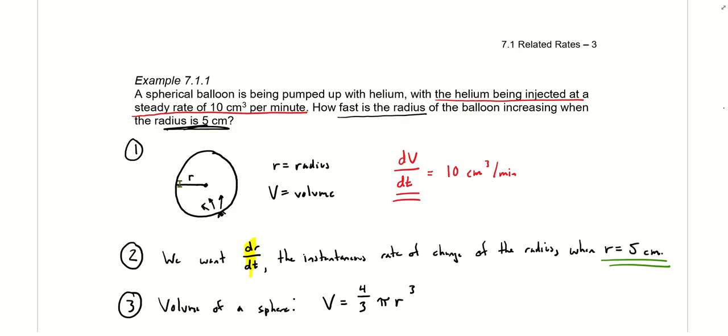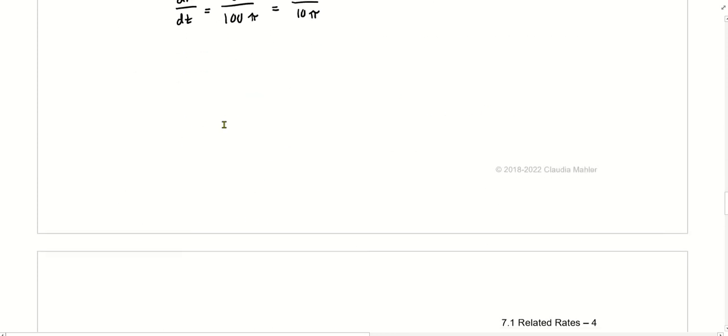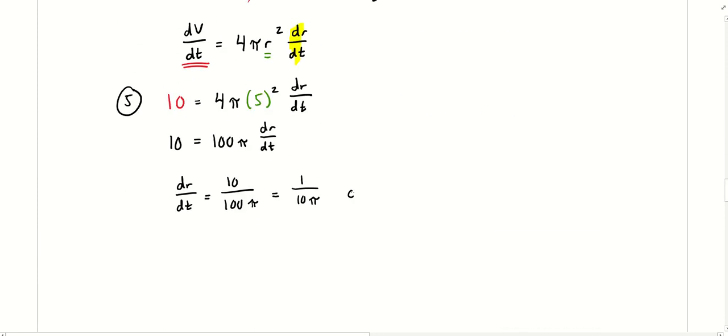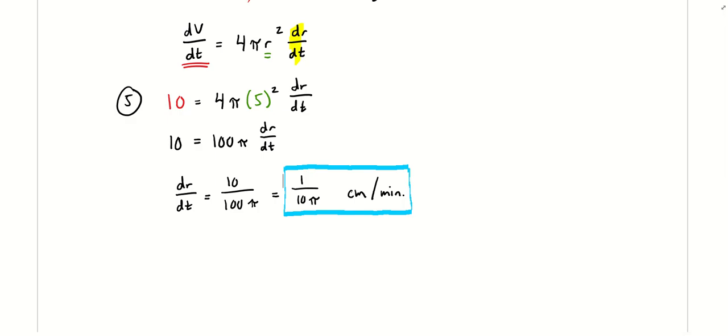So it's just going to be measured in terms of centimeters as listed here. So that rate of change of the radius is going to be in terms of centimeters per minute. And so this is the thing we wanted: the instantaneous rate of change of the radius at the point where the radius is 5 centimeters.